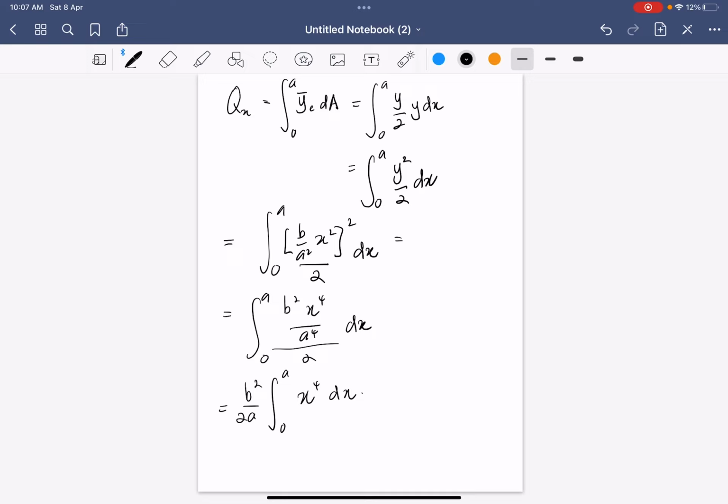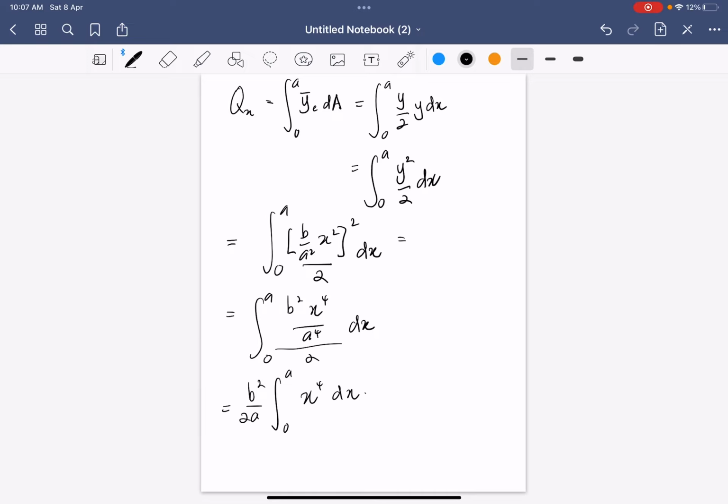So let me continue up here. Integrate them, so this becomes x to the power of 5 divided by 5, with limit 0 to a. Substitute x with a, and with 0, so the result in the bracket for 0 will be 0.